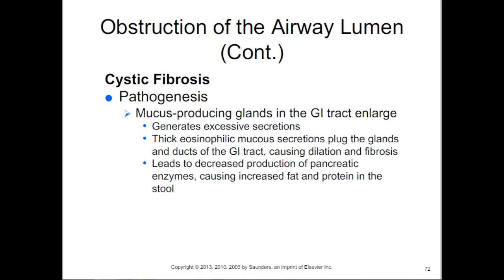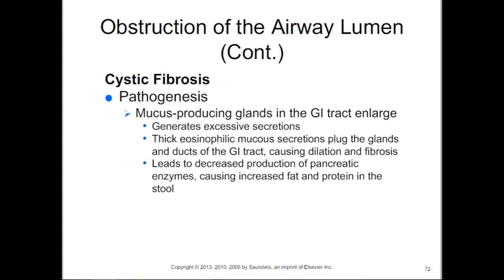So excessive secretions in the GI tract, so GI tract enlarges, and you'll see eosinophilic mucus kind of plugging up the glands and ducts of the GI, causing dilation and fibrosis, right? So leading to decreased production of pancreatic enzymes, which can then cause undernutrition, because even though they may be eating food, they're not actually breaking down, right?